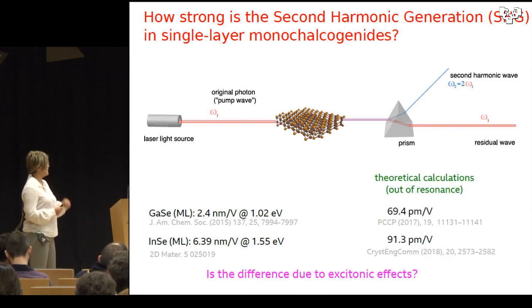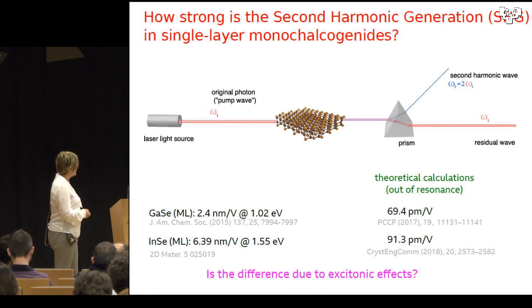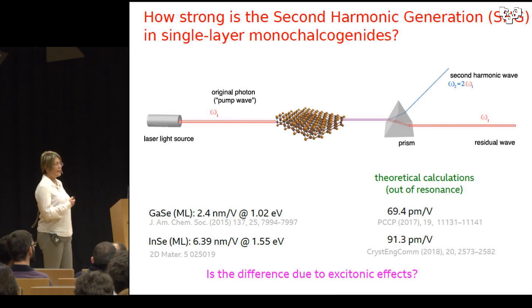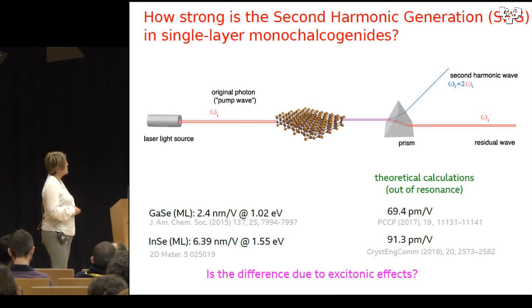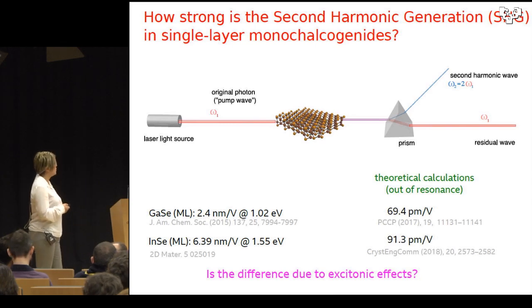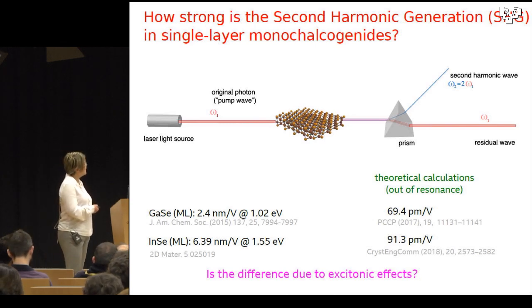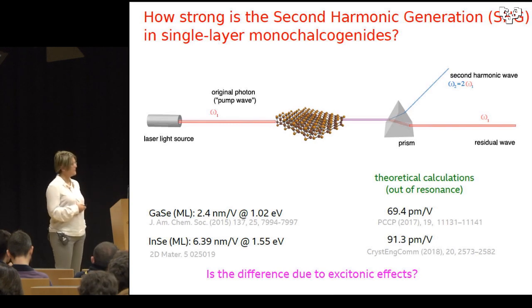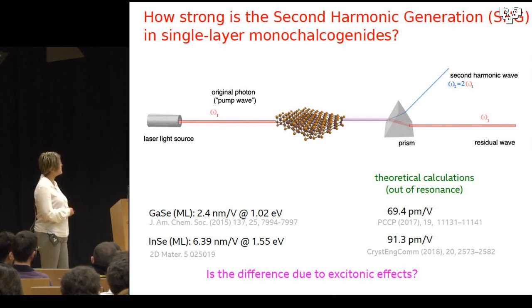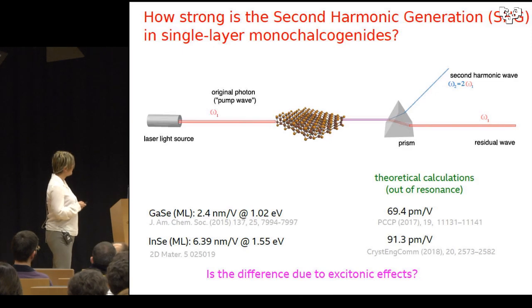However, if one looks at the existing theoretical calculations, those are showing values that actually are not that impressive, and they differ by about 2 orders of magnitude. Since those are calculations done in independent particle or time-dependent density functional theory, which also miss this electron-hole attraction, and they are done out of resonance, so in the static limit, one may wonder if the huge difference we observe here is due to excitonic effects.